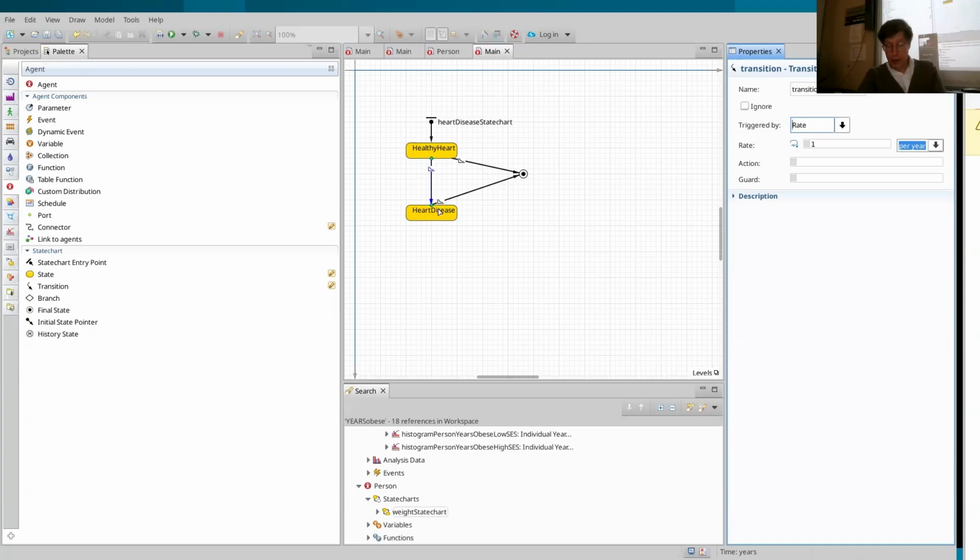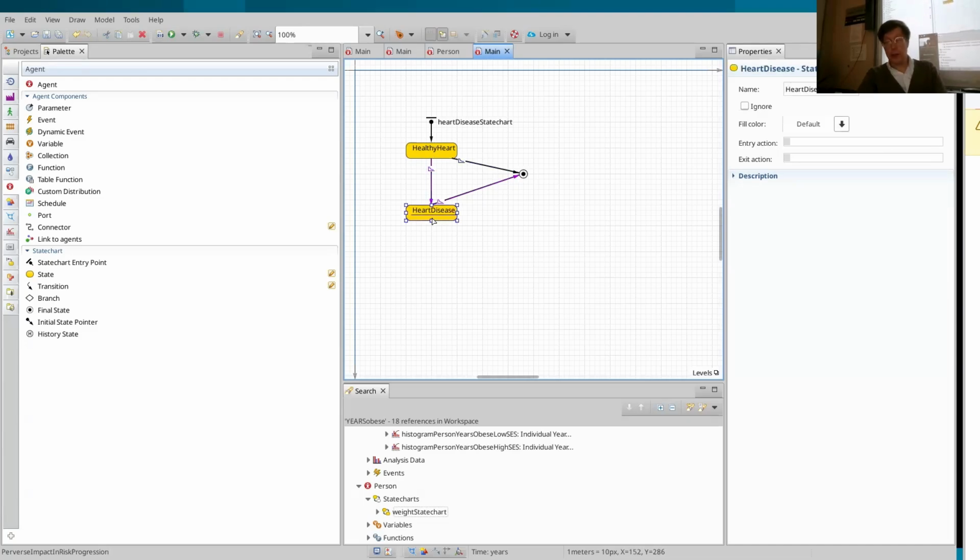And coming into this state, now there's a possibility that the timing of this could be drawn so that by developing heart disease, you will actually leave this side from here. It could be that, by chance, it drew this to be 10 years, this to be 12 years. You ended up leaving with this transition, you develop heart disease, and now it draws this, and it so happens that it draws 5 years.